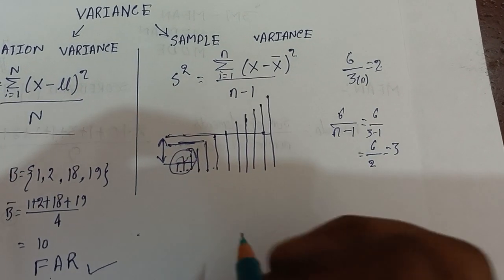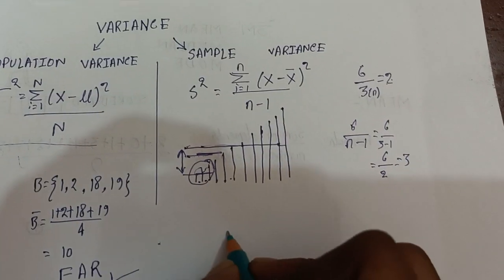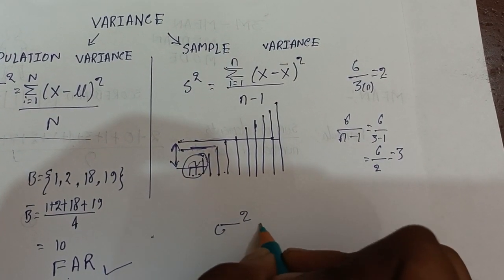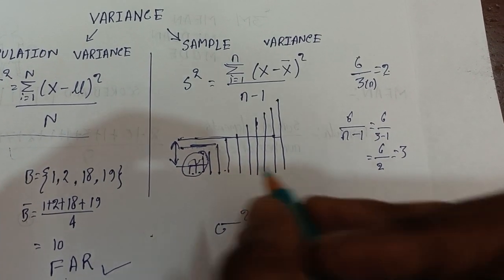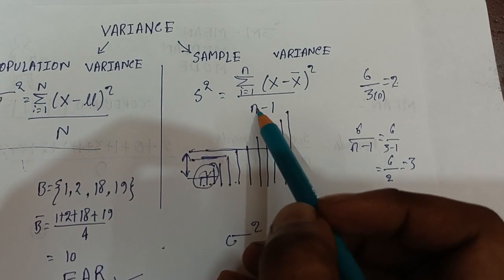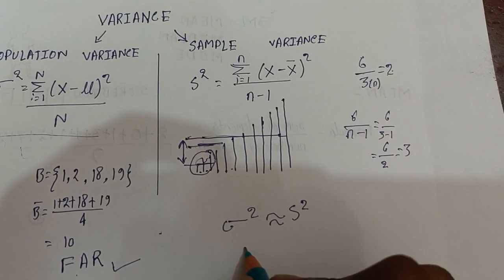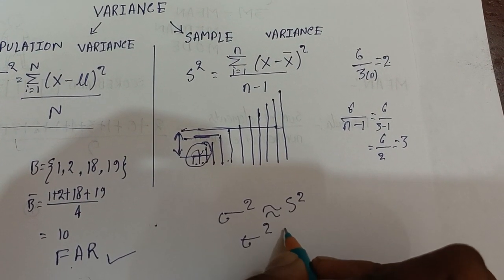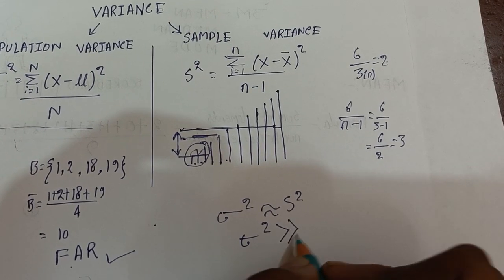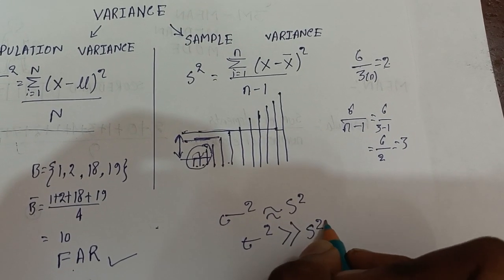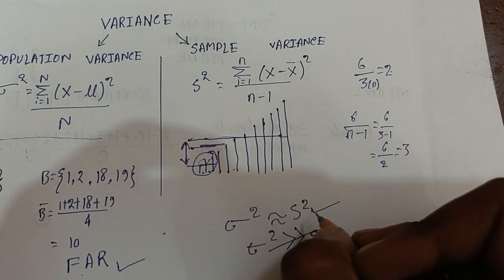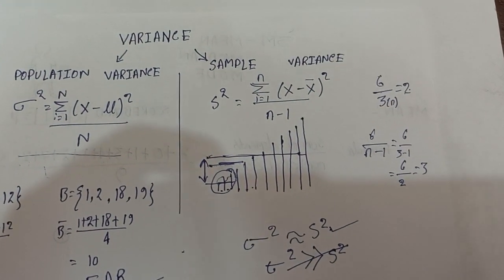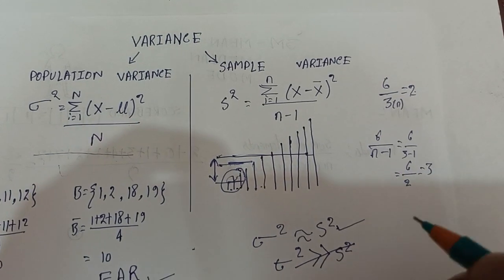So our target is to make sigma square equivalent to a square, but if we just put n, the sigma square will be much greater than a square, which we don't want. So we will follow this for a better experiment and better result.